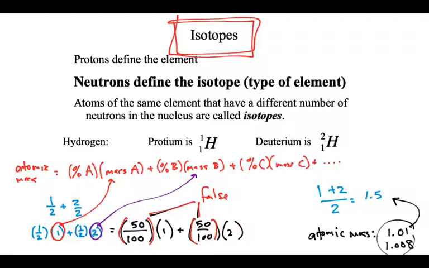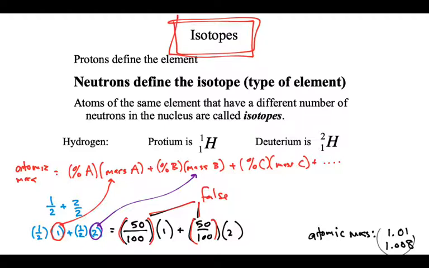Okay. So let's play kind of a thought game here. The atomic mass for hydrogen, we've got identified in that lower left-hand corner. Right? 1.01, 1.008, however you want to look at it. Which isotope is more readily available?